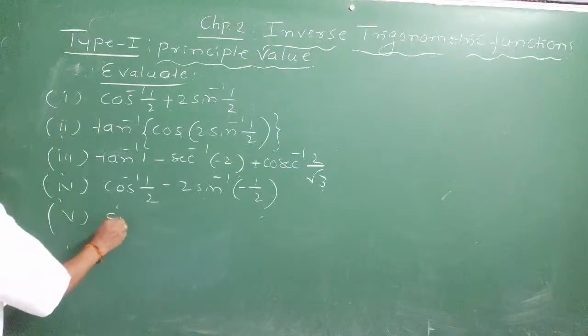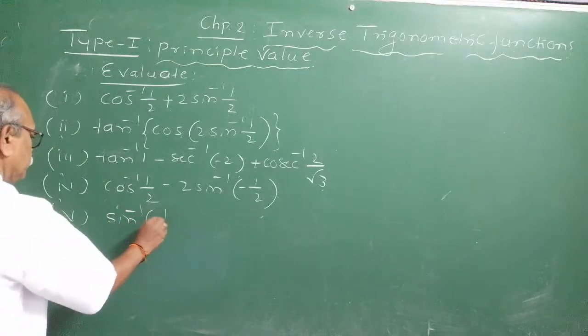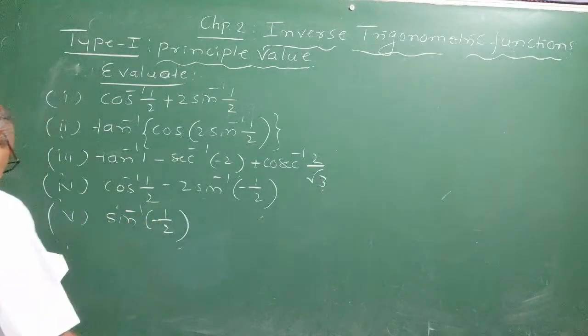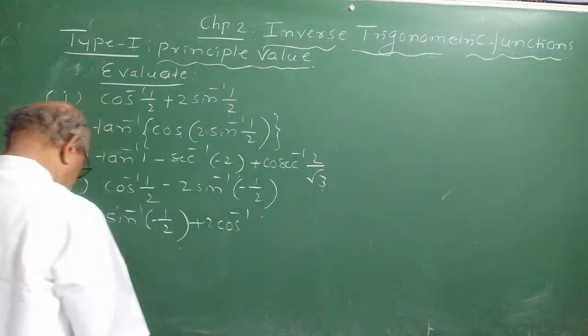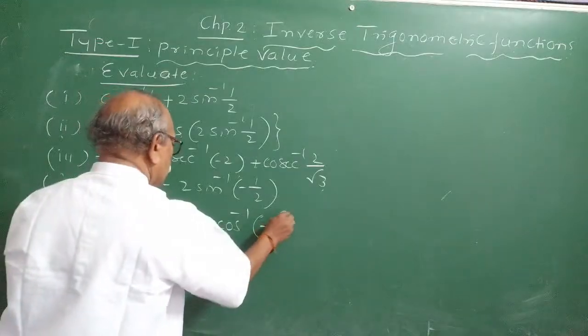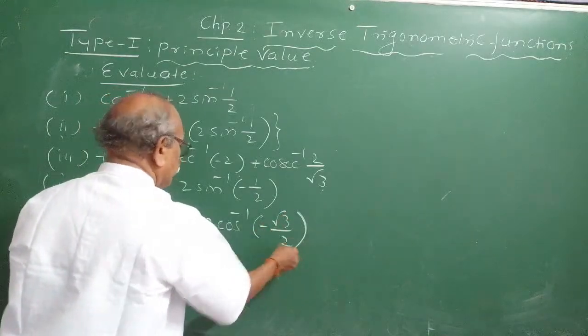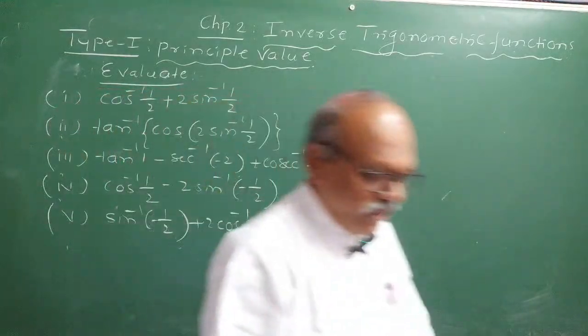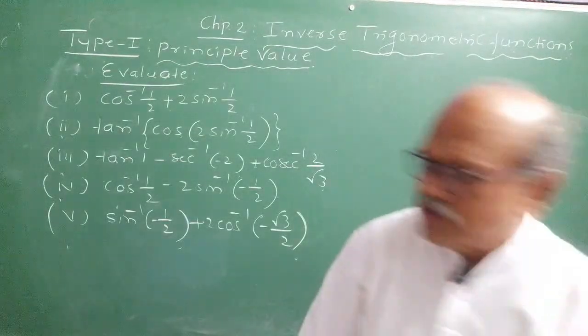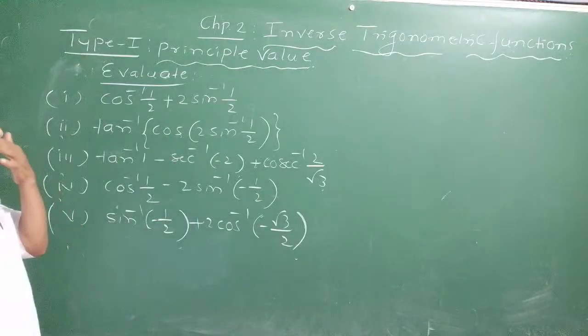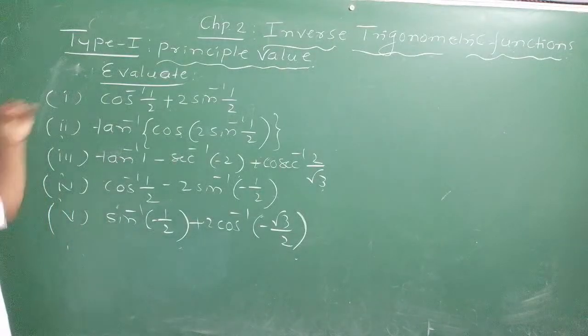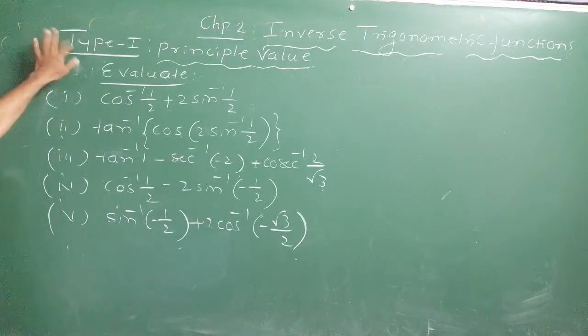Sin inverse minus 1 by 2 plus 2 cos inverse minus root 3 by 2. Using identities, questions on type 1, using principal values to solve the problem. That is property number 0, type 1 problems.